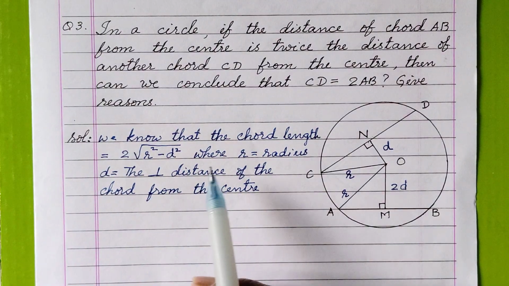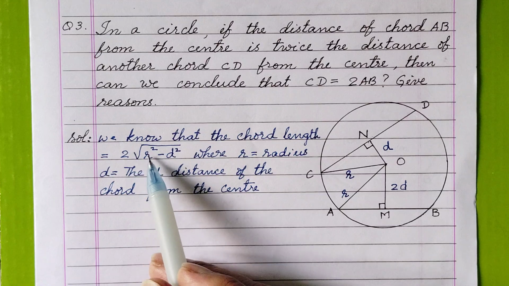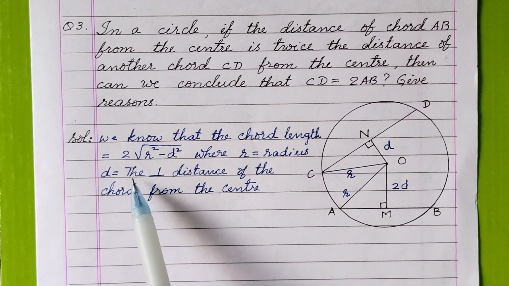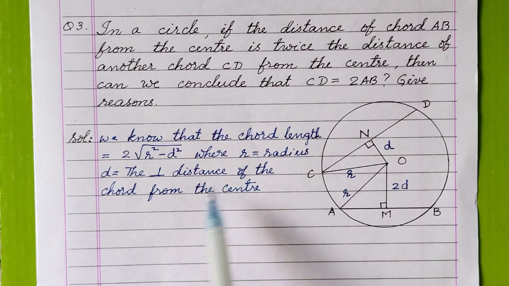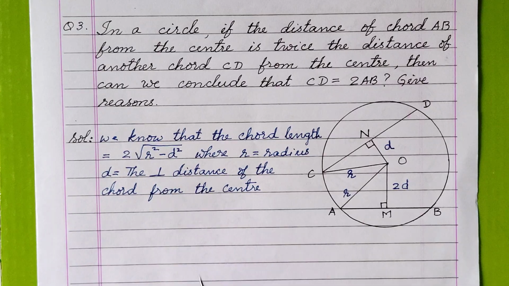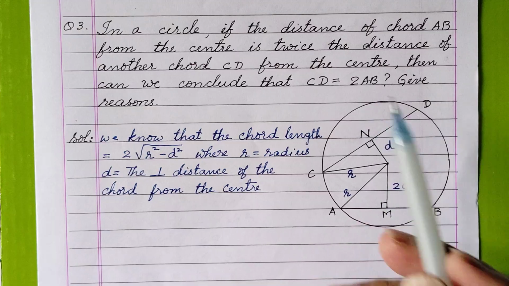So we know that the length of the chord is equal to twice root of R square minus D square, where R is the radius and D is the perpendicular distance of the chord from the center. Using this, we will try to find out whether we can conclude CD is equal to twice AB.